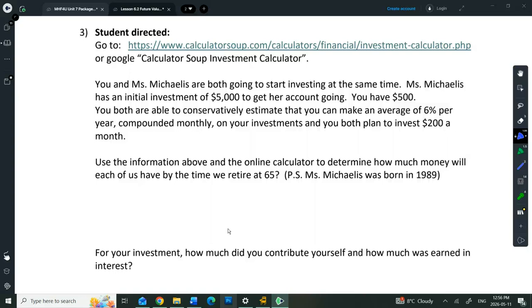So you can either Google calculator soup investment calculator, or you can just go right to this URL. I can post this lesson for you if you want to click it from there, but it's probably just quick to do calculator soup investment calculator.